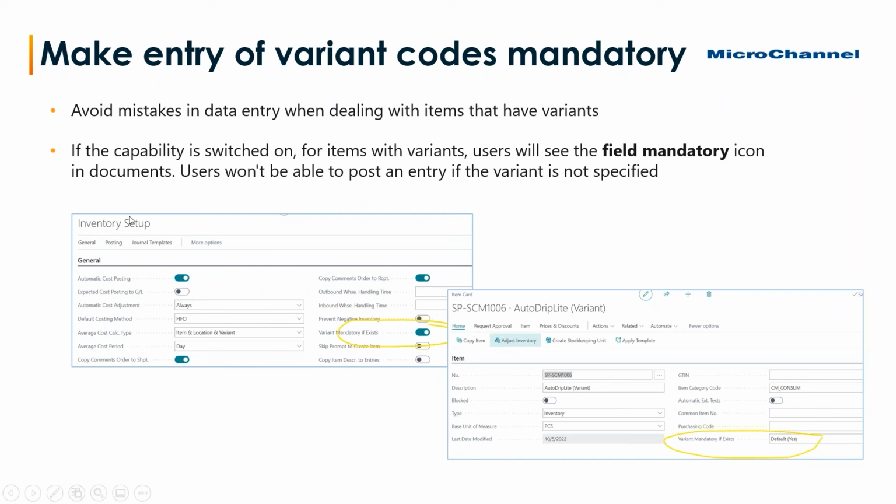So what they've done is under the inventory setup, there's now a button which asks, if you've got variants, do you want to make sure that that field is mandatory? In which case, yes. And they've also followed that through and put it on the item card to say, do you or don't you want these variant codes to be mandatory per product?